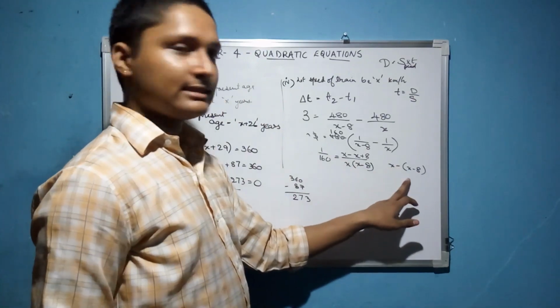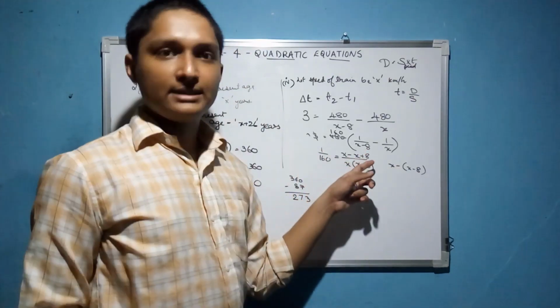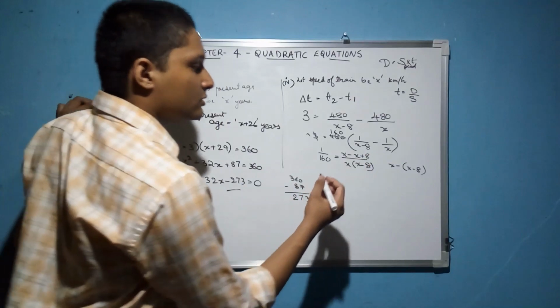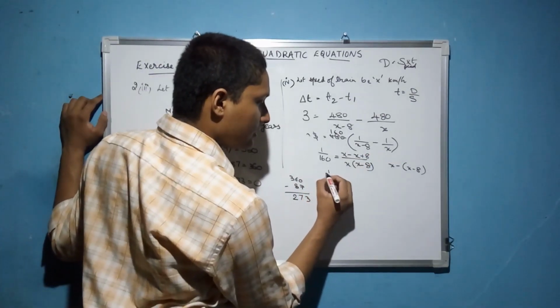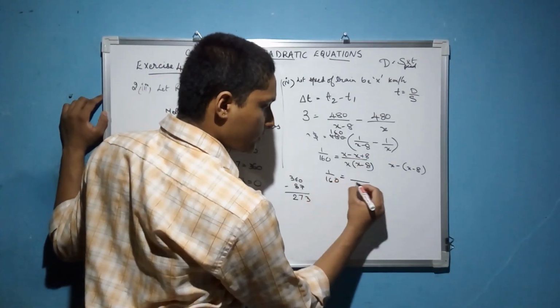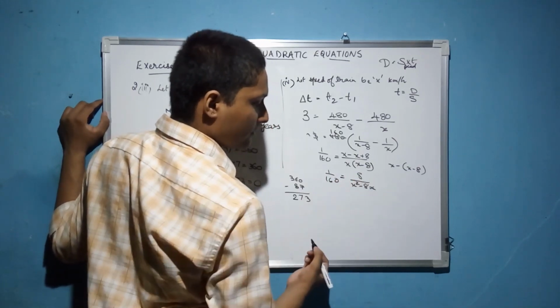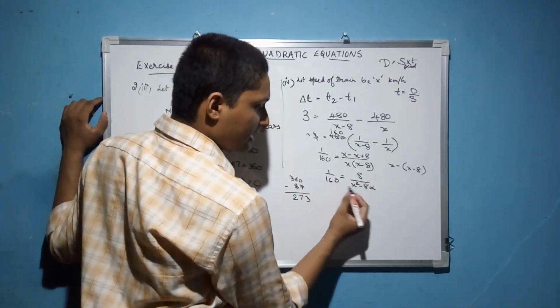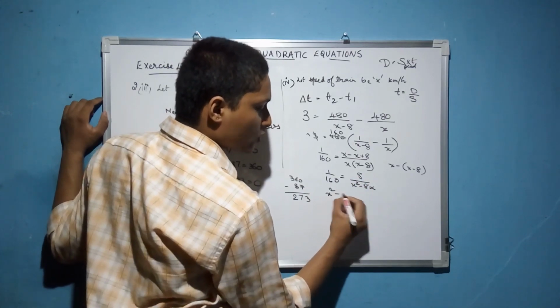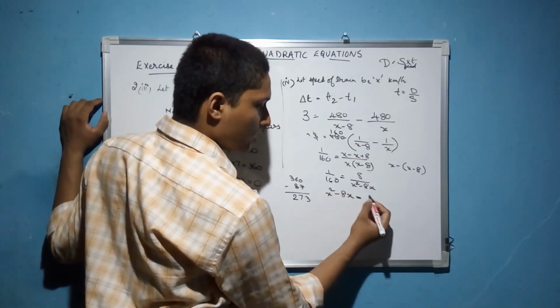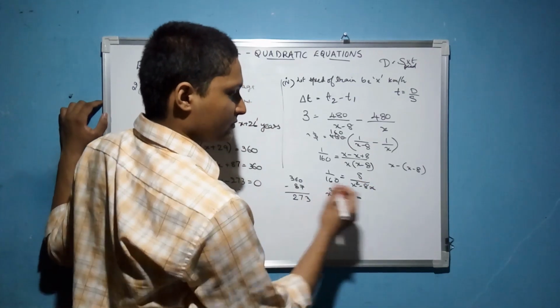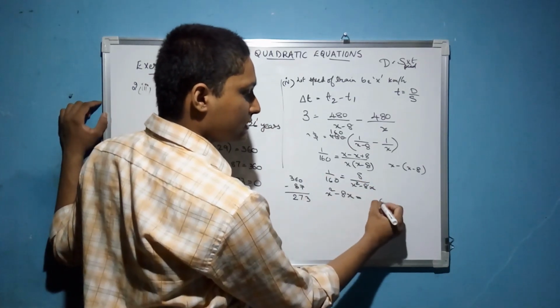So x minus x cancels, and you have an 8 remaining. So at last what you are going to get is 1 by 160 is equal to 8 over x square minus 8x. Okay, so now the remaining thing is cross multiplication. x square minus 8x is equal to 8 into 160.